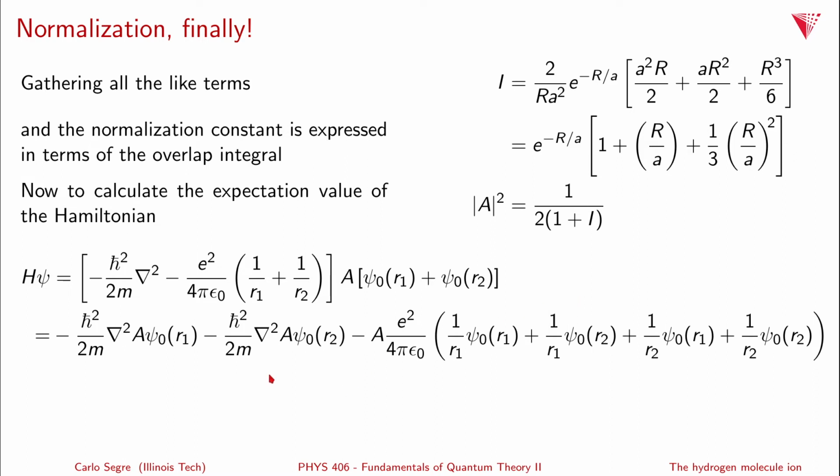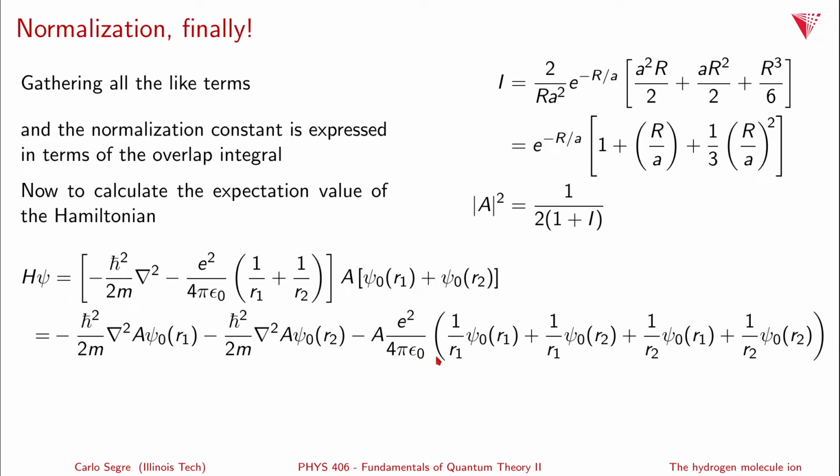Well, this gives us several terms. The first term, when you apply the Laplacian to the first term here, you get minus h bar squared over 2m, Laplacian of A psi 0 of r1, minus h bar squared over 2m times the Laplacian of A applied to psi 0 of r2, minus A times e squared over 4 pi epsilon naught.